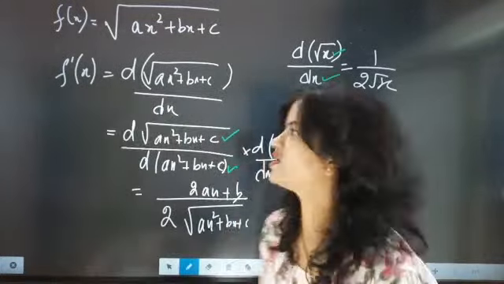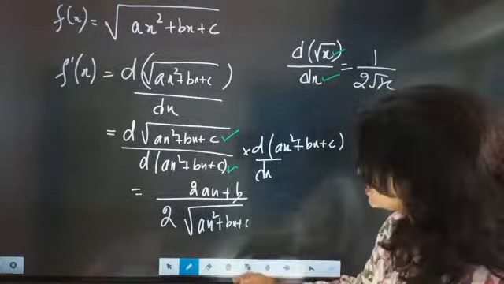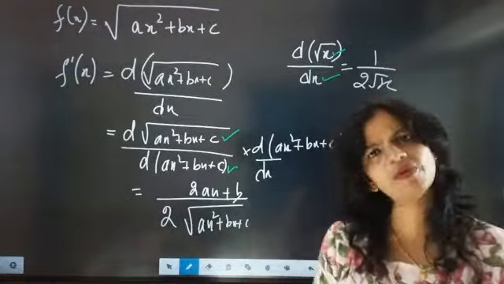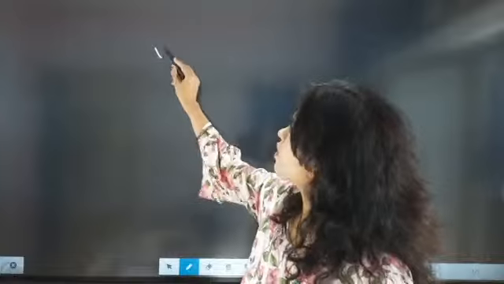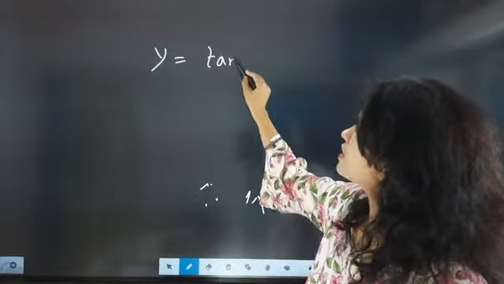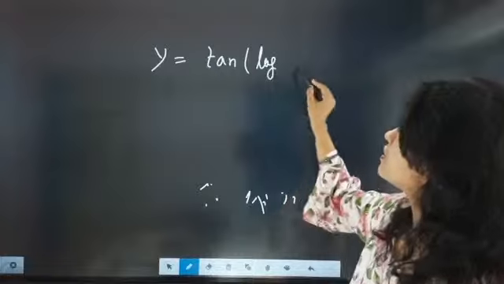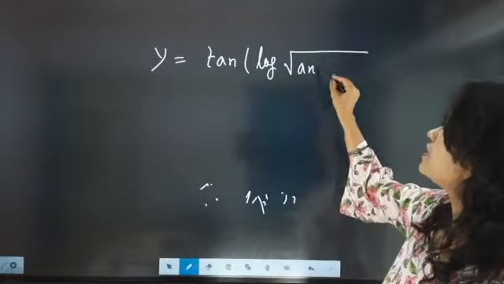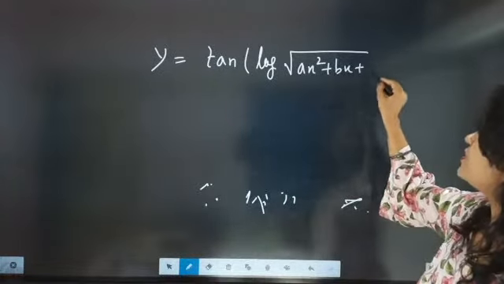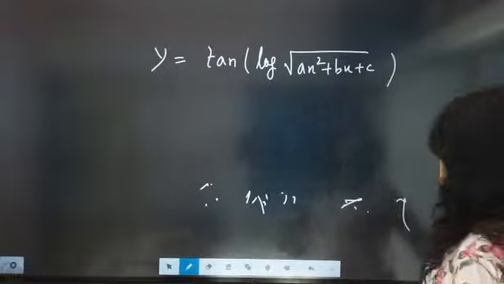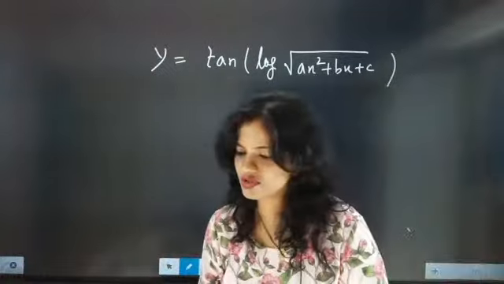Now in this question, if they give you a twist, not by first principle, the twist is y equal to tan log root under ax square plus bx plus c. Now imagine a mental person like me has given you this question.